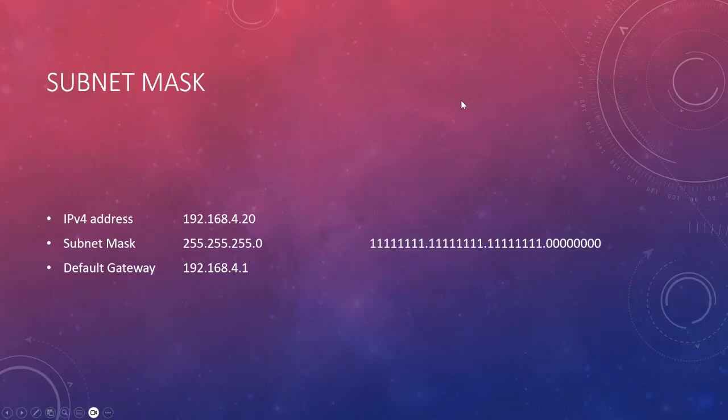The subnet mask in base 10, 255.255.255.0, the equivalent of that is what I'm showing here. 8 ones, 8 ones, 8 ones, 8 zeros. The binary equivalent of 255 is 8 ones. If you want to get out the Windows calculator and switch over to programmer mode, you can verify this.